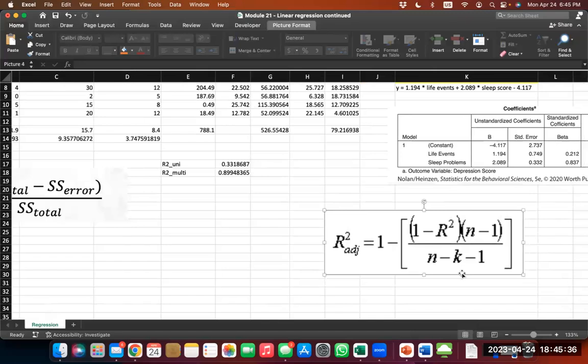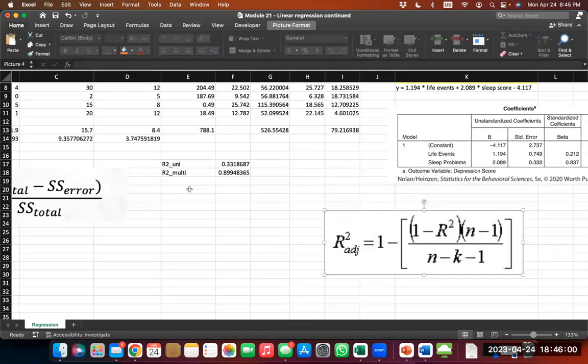The calculation is 1 minus R squared, which reverses it, and that gives you the residual error multiplied by the degrees of freedom divided by the sample size. K stands for the number of variables minus 1.